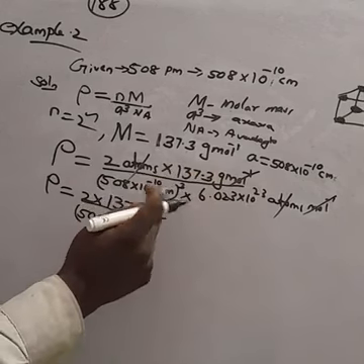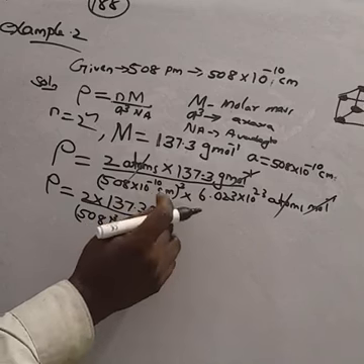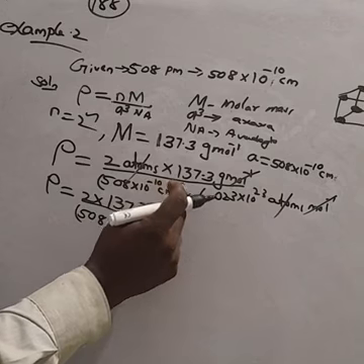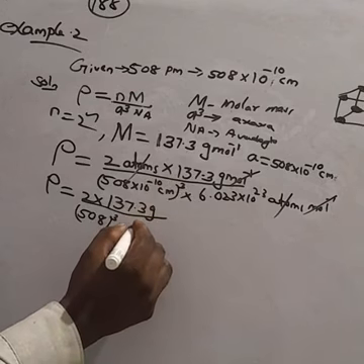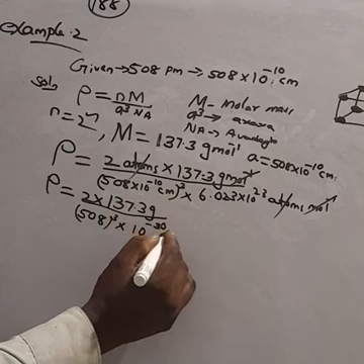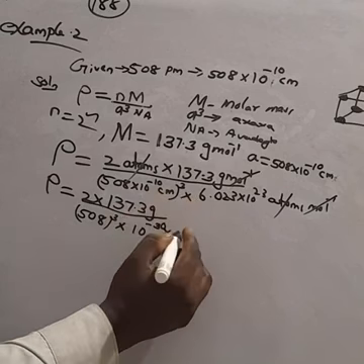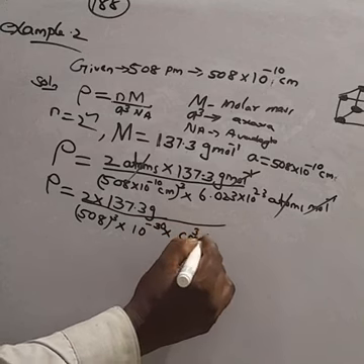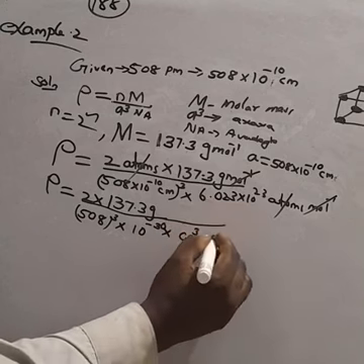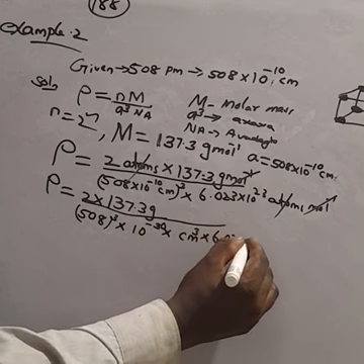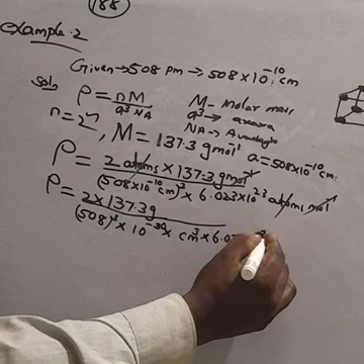So 10 to the power minus 10 into 3 can be written as 10 raised to minus 30 into centimeter, also having cube. So I am going to write centimeter cube into Avogadro number 6.023 into 10 raised to 23.